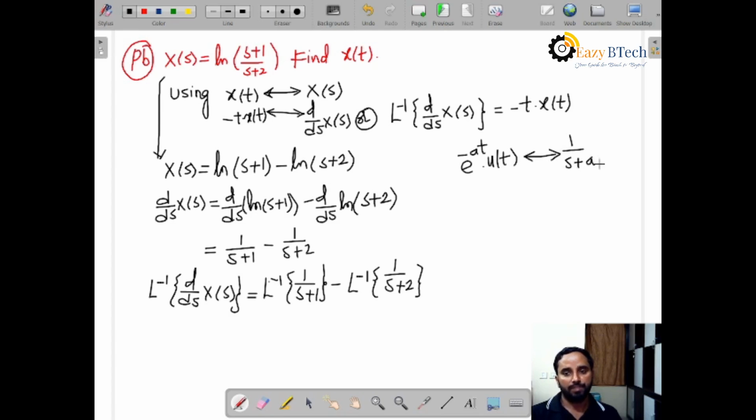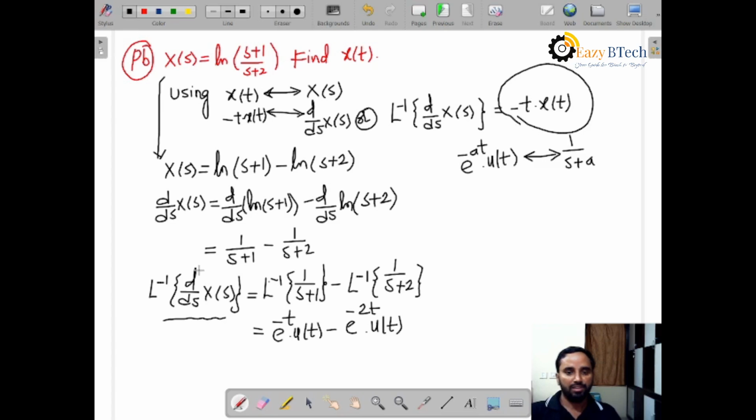So for 1 by (s plus a), the inverse will become e power minus a t u of t. So in the same way, e power minus t u of t minus e power minus 2t u of t, right or not? So this L inverse will become minus t into x of t. Therefore here minus t into x of t.